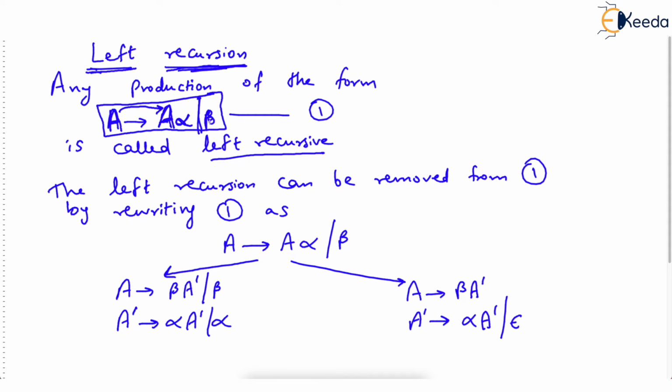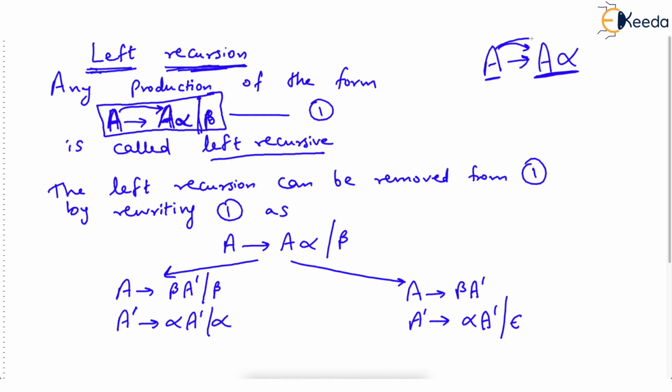Alpha and beta can be any grammar symbol, terminal or non-terminal, anything. But what is most important is A. A derives something beginning with A, followed by alpha. This is called left recursion.